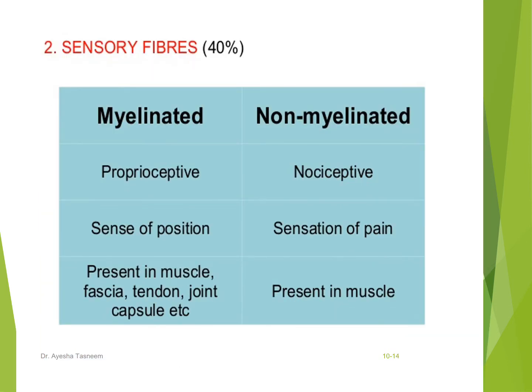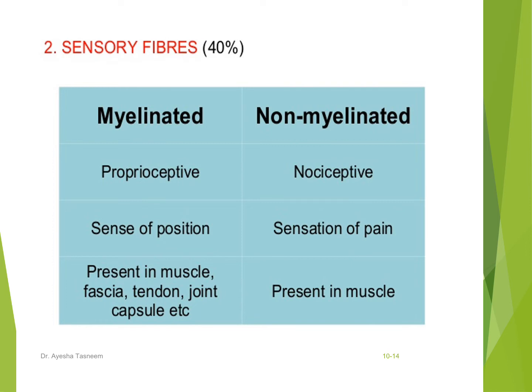Then we come to the other content, the sensory fibers that constitute about 40% of the total neuronal component, which has myelinated and non-myelinated fibers. Myelinated are proprioceptive and non-myelinated are nociceptive. Proprioceptive is the sense of position, and nociceptive is the sense of pain.